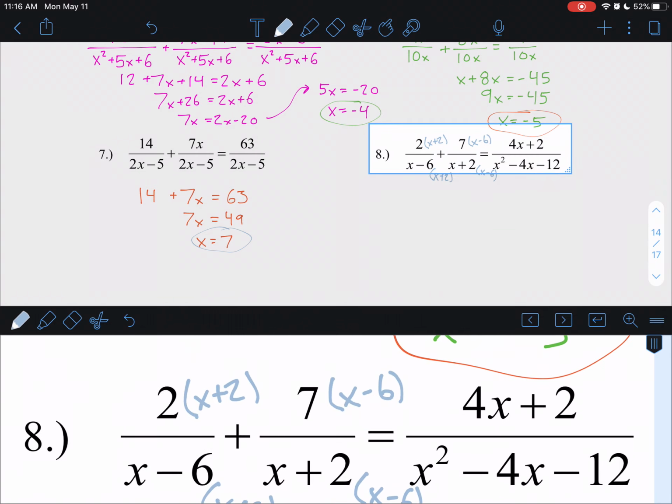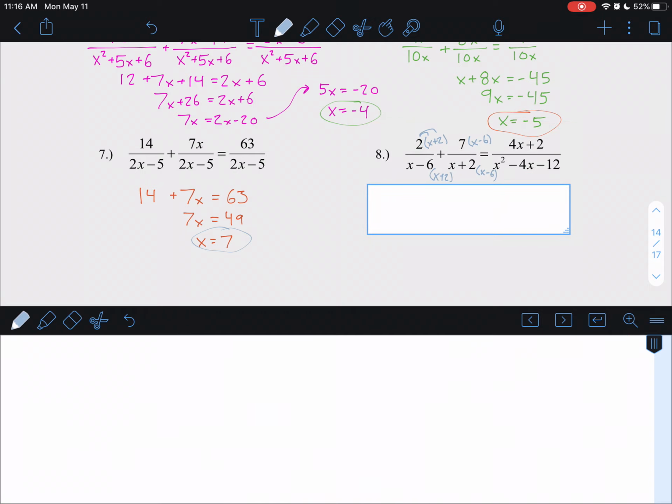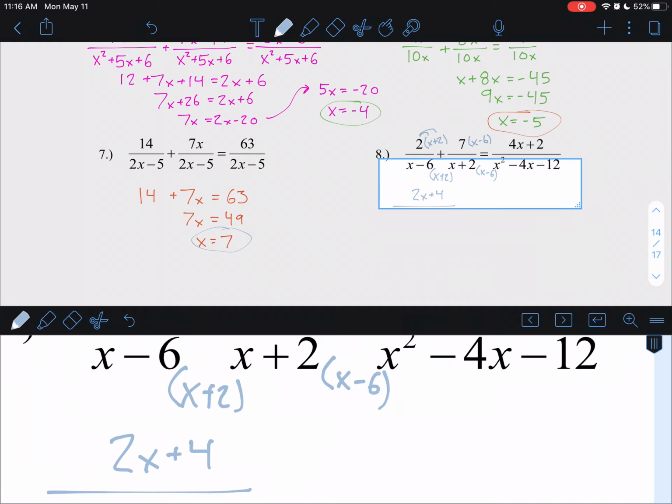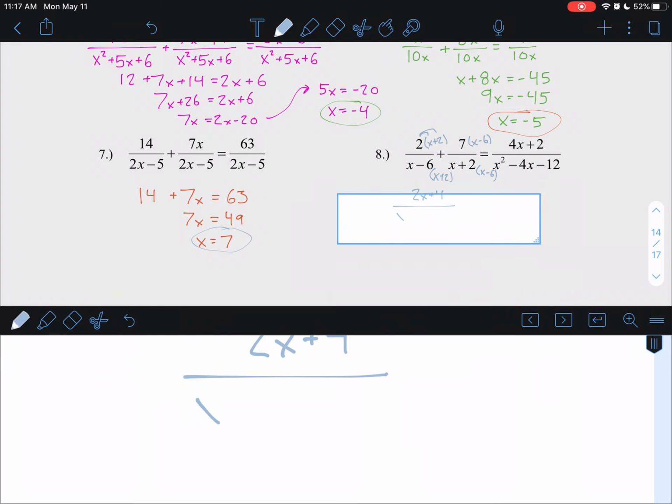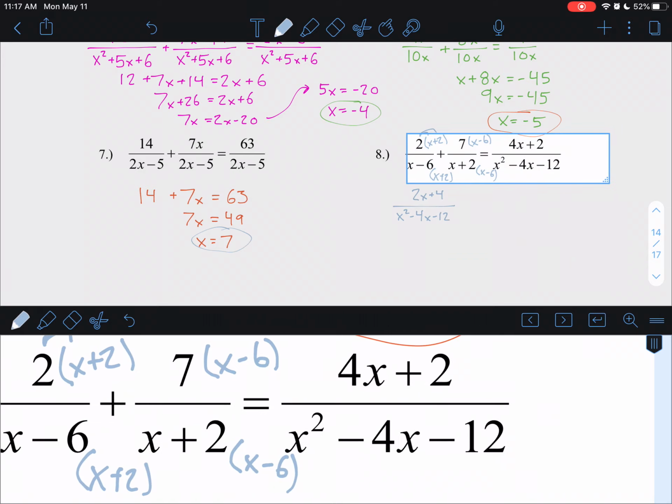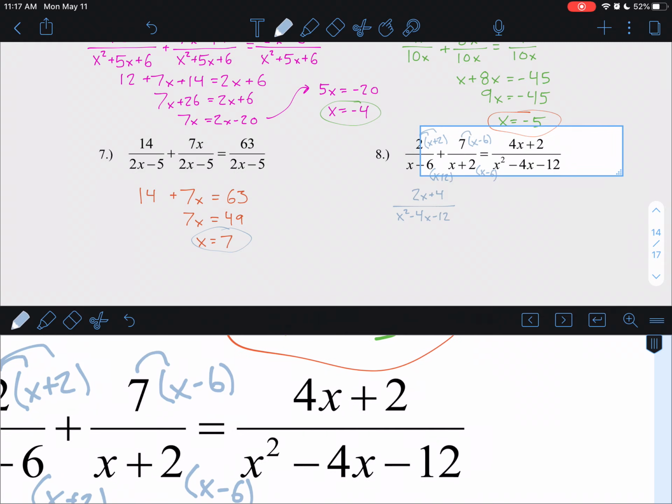If I distribute this out, I get 2 times x and 2 times 2. So that gives me 2x plus 4 over the common denominator of x squared minus 4x minus 12. And then I have 7 times x minus 6.